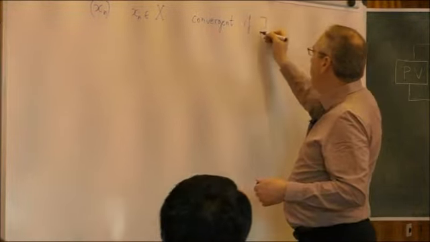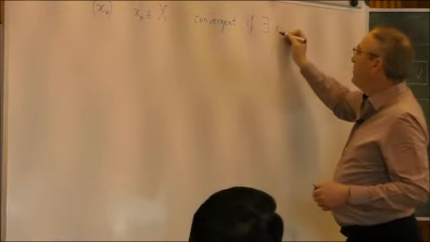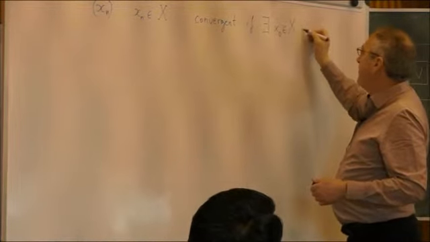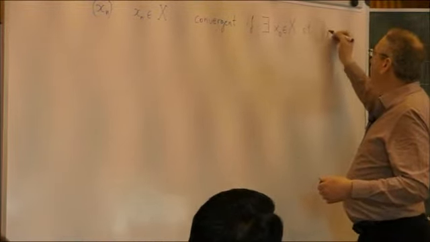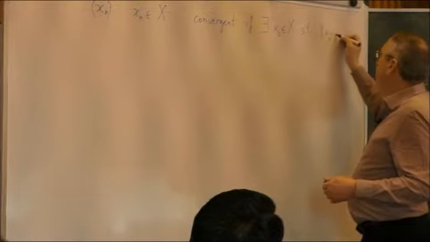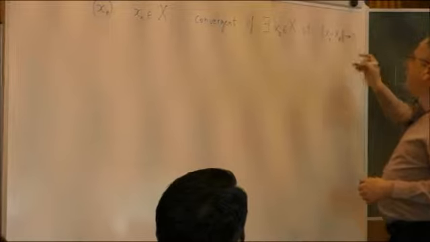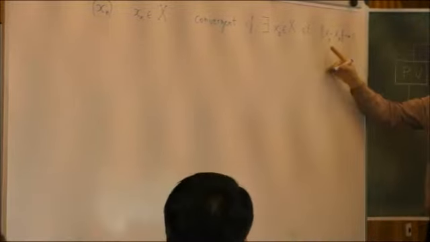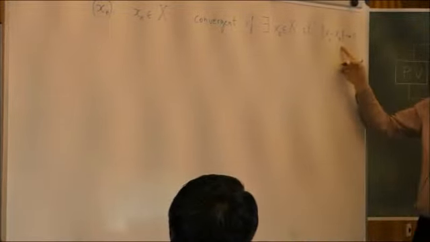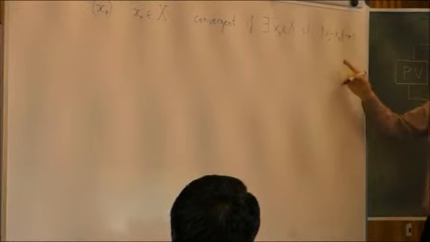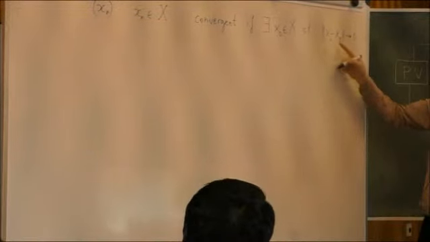if there exists an x0 in the same space X such that the norm of xn minus x0 converges to 0. Now, the norm of xn minus x0 is a positive number, and what it means that a sequence of positive numbers tends to 0 I don't have to tell you.